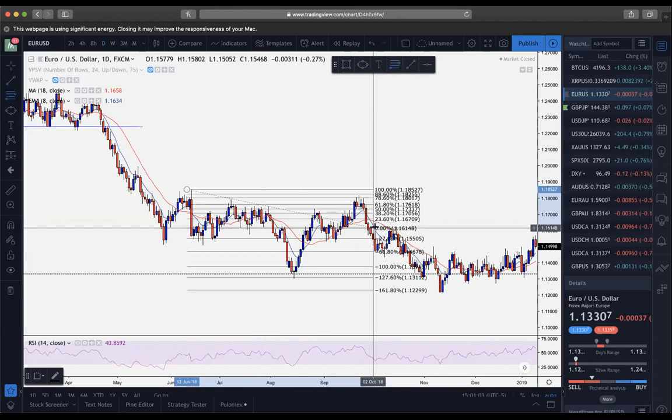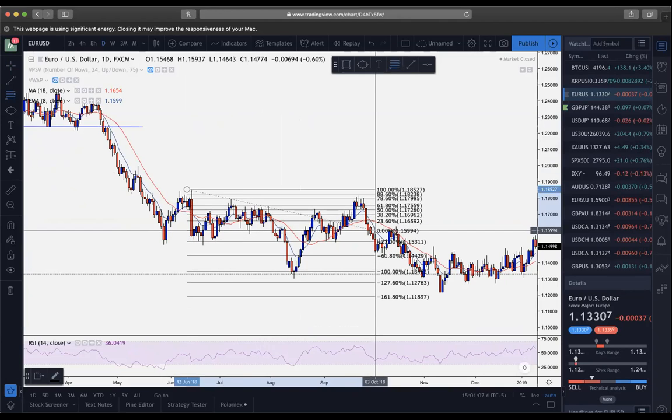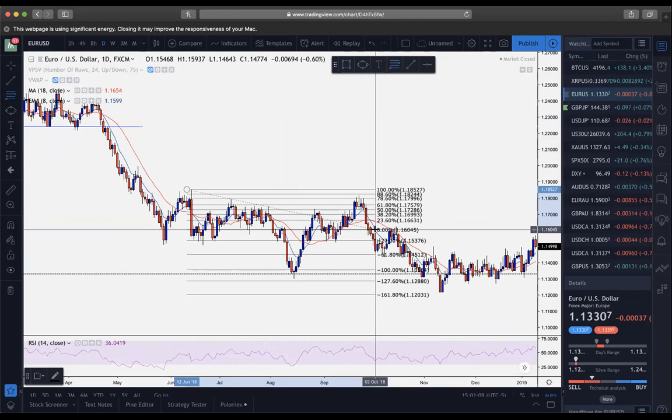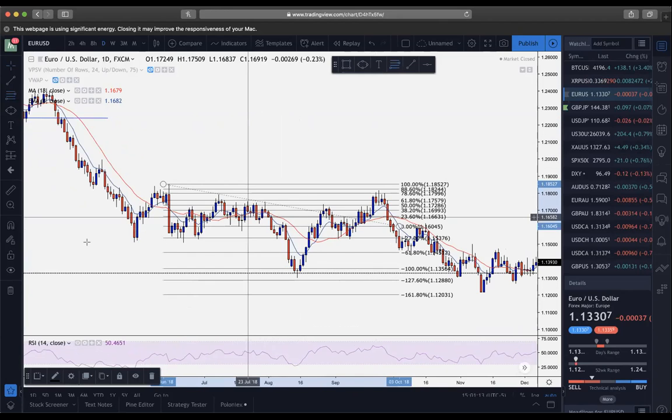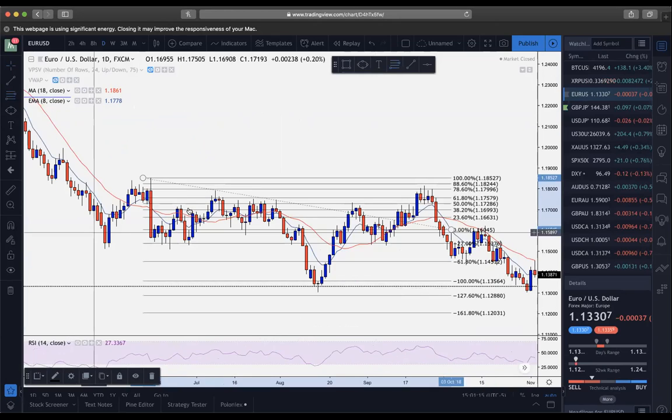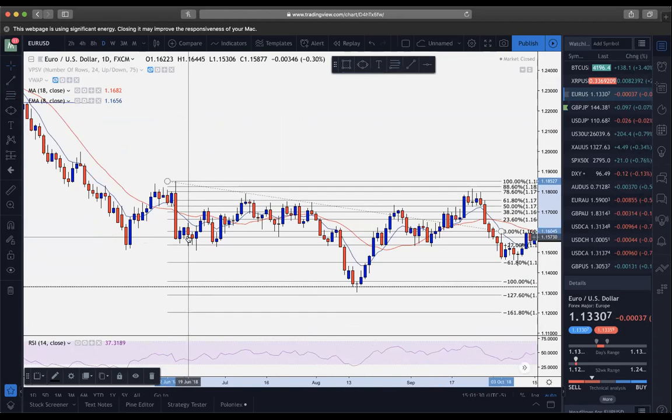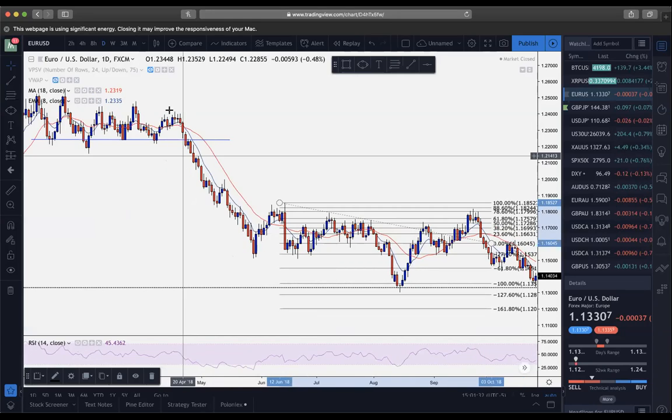And we can see that price came out to the, what level? 38.2. Reacted, came down, hit the negative 27. So that's awesome. That's a move you could have caught even though you missed all this.